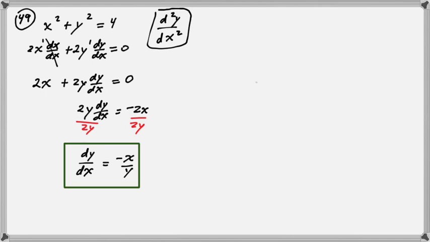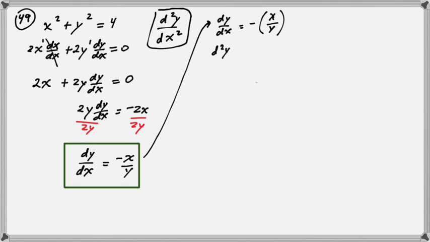Okay, when I go from the first derivative to the second derivative, I have to take the derivative of this first derivative. I try to teach you best practices, so I'm going to keep the negative out as a constant factor. That way I don't have to confuse myself on the inside of the quotient rule. I'm taking the derivative of a quotient, so I have to use the quotient rule.